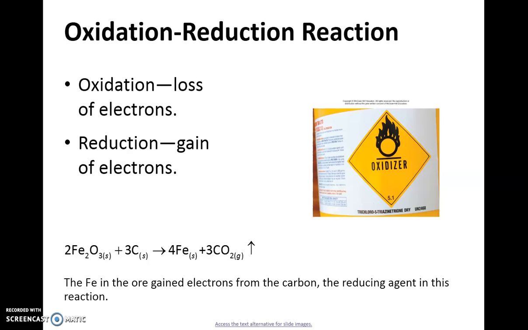Okay, so oxidation reduction reactions. With this, we have one of our elements oxidizes while the other one is reduced. When we say reduced, that means it's gaining electrons. Oxidation is the loss of electrons. So think about the periodic table and the position of oxygen.